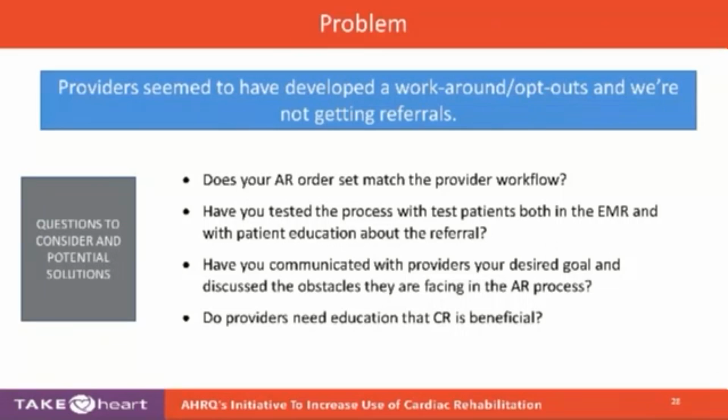For our program, you will be automatically referred, but you have to fill in the reason for the referral, which is the qualifying diagnosis. If you decide that this patient does not meet these qualifying diagnoses in the checklist, then you will click no referral, which would be an opt-out.